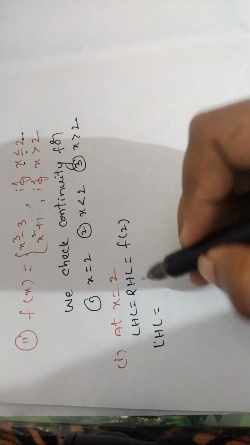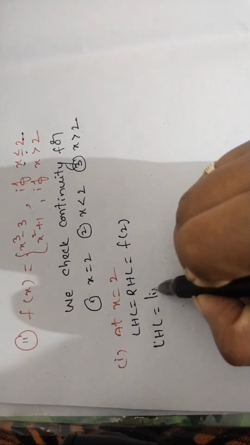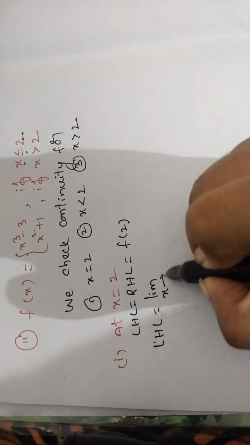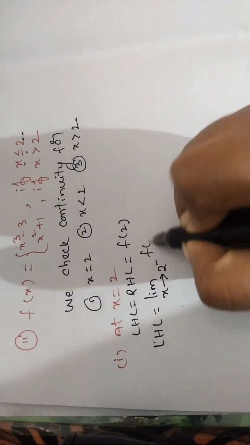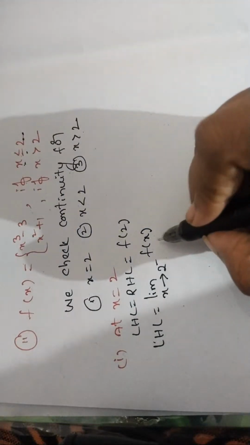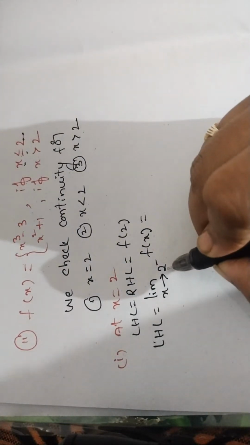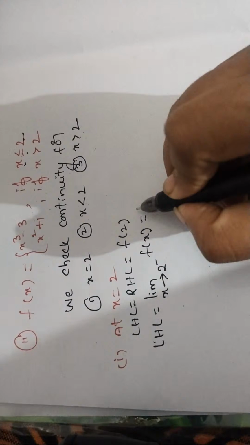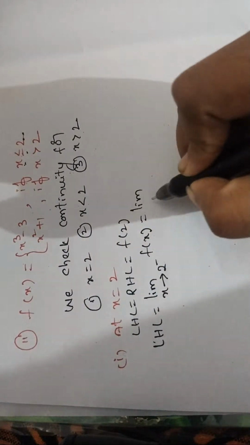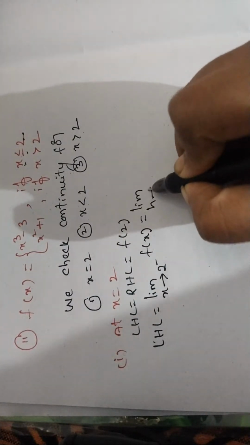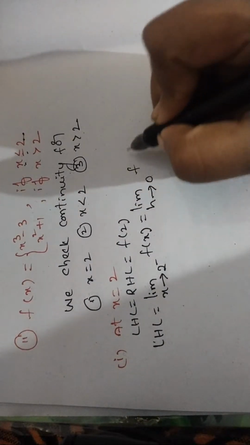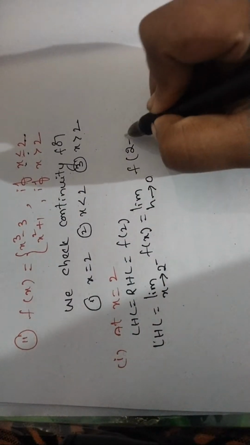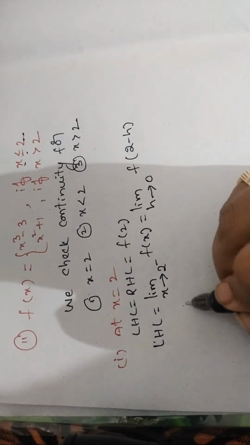Left hand side of number is 2 minus. So I will write limit x tends to 2 minus f of x. Now I want to replace this 2 minus by 0. So I will write limit h tends to 0 f of 2 minus h.